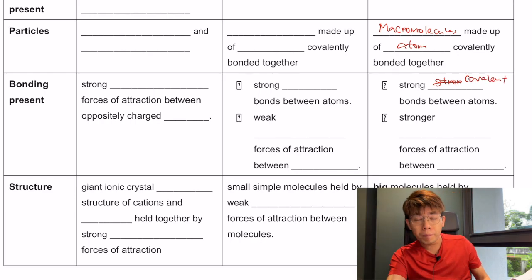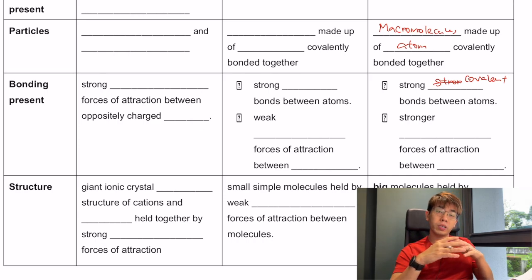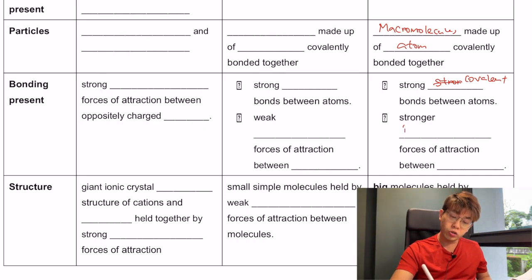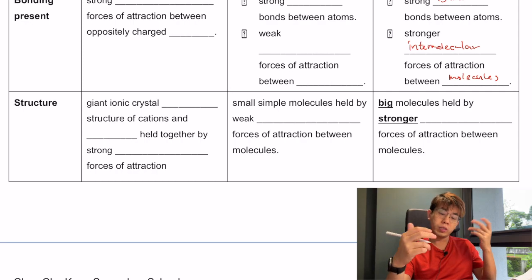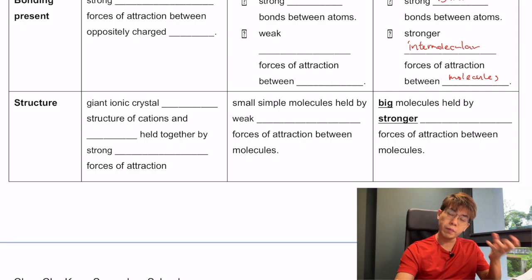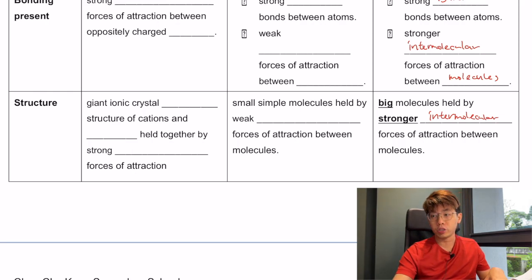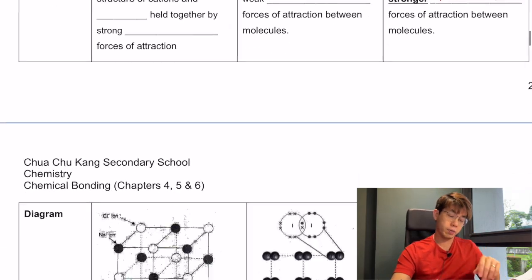And as compared to a simple molecule, because the molecular mass is bigger, there are actually stronger intermolecular forces of attraction between the molecules. So the structure is actually big molecules held together by stronger intermolecular forces of attraction.